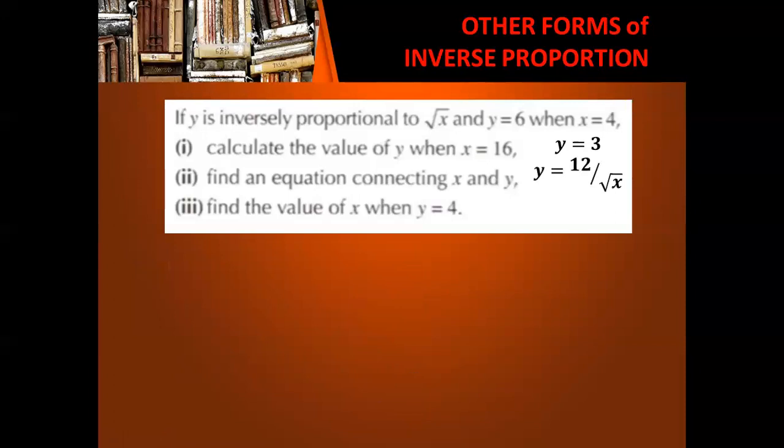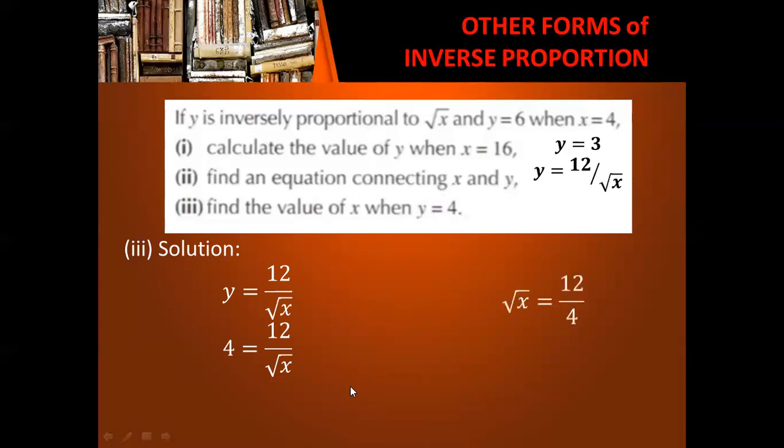Finally, for the third question, find the value of x when y is equal to 4. We will now use the equation we obtained in the second question. Since x is what we were asked to solve, we then substitute the value of y, giving us 4 is equal to 12 over square root of x.